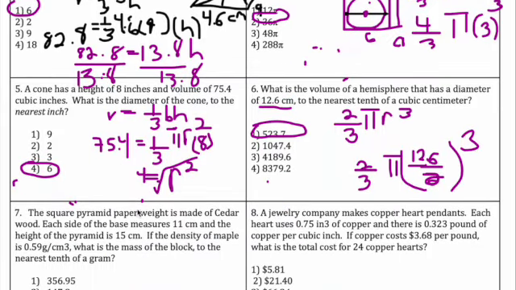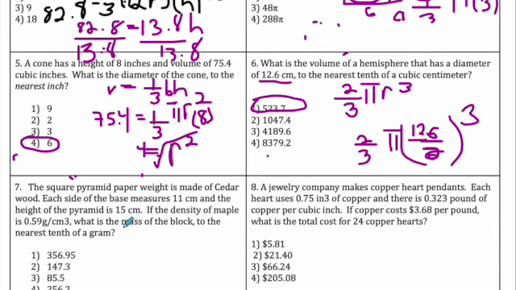So, let's take a look at number 7. The square pyramid paperweight is made of cedar wood. Each side of the base measures 11 centimeters and the height of the pyramid is 15 centimeters. If the density of, I see that this should be cedar.